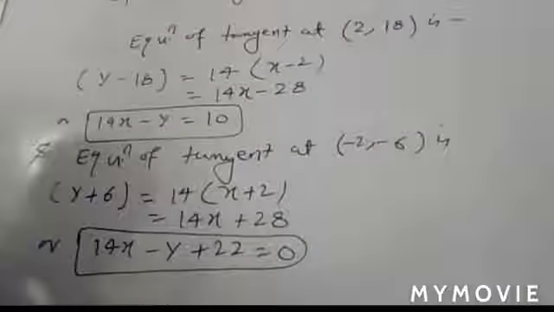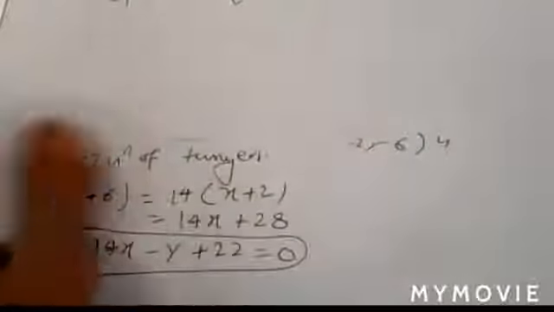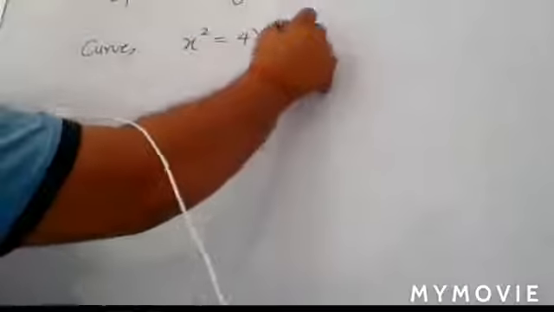Find the equation of normal to the curve x square is equal to 4y, which passes through the point (1, 2).